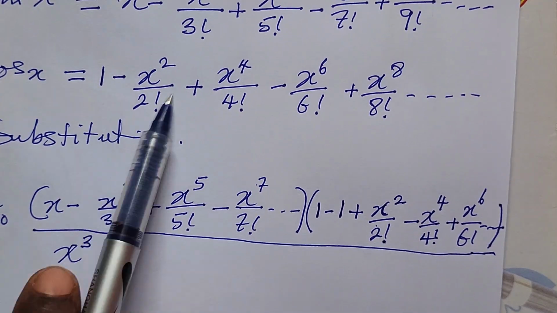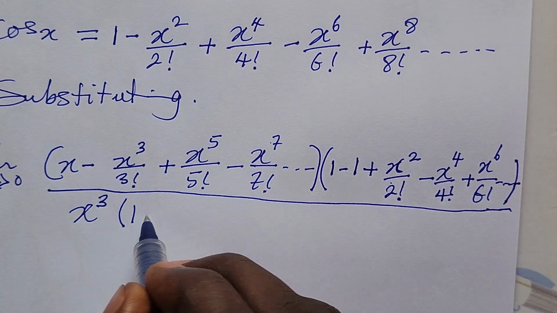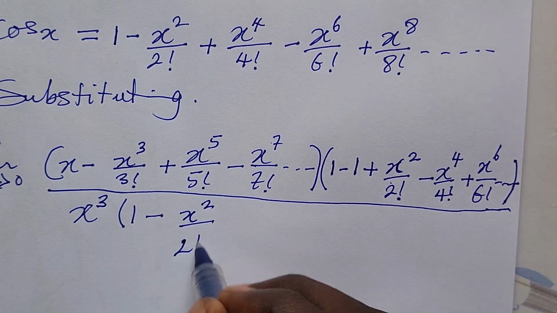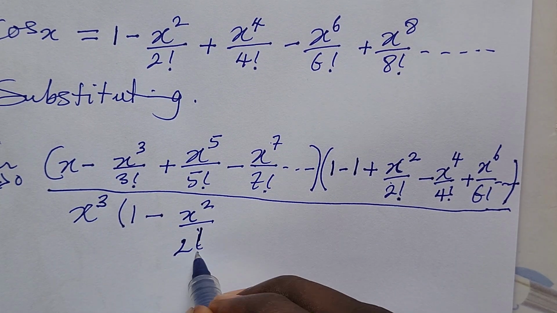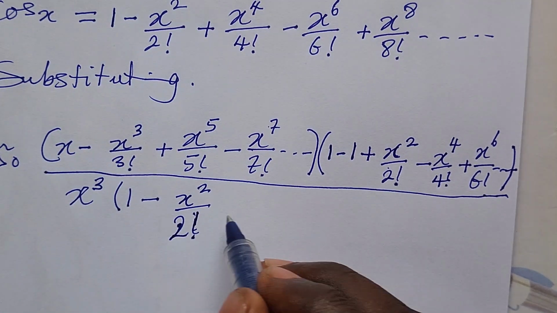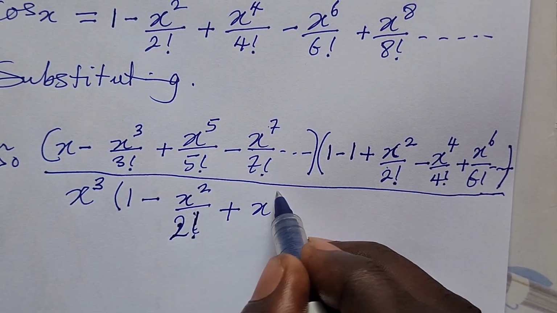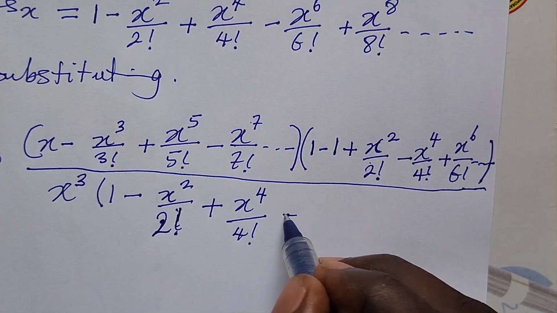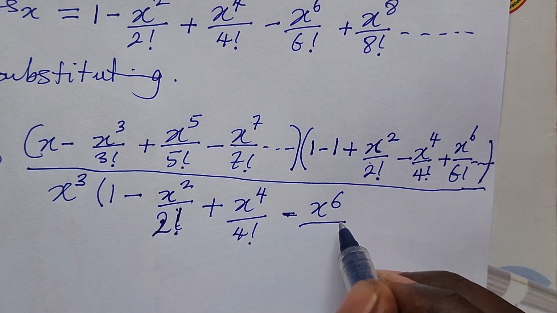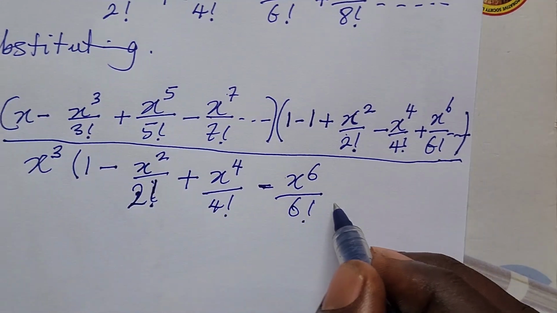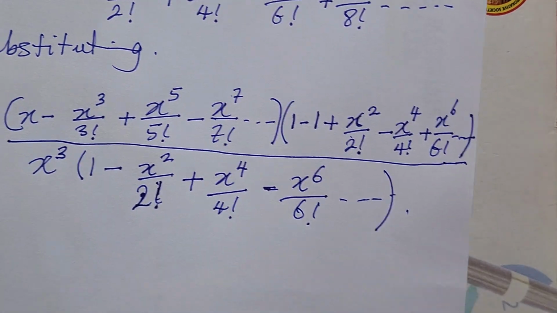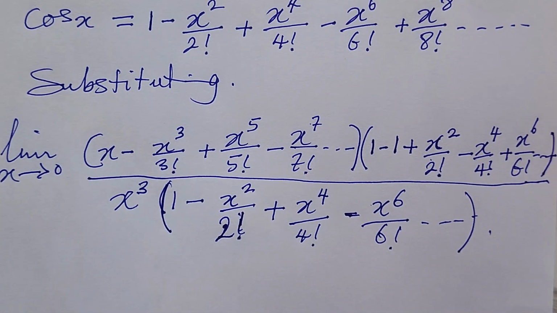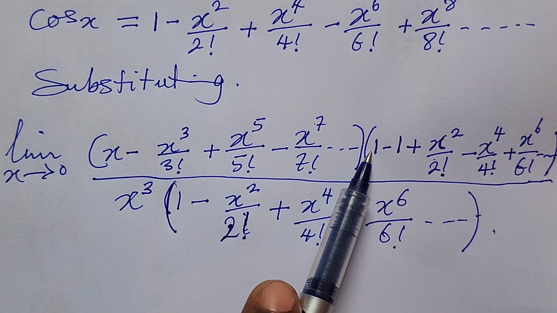Here we have cos, so following this it gives us 1 minus x to the power of 2 over 2 factorial, then plus x to the power of 4 over 4 factorial, then minus x to the power of 6 over 6 factorial, and so on, close our bracket here.